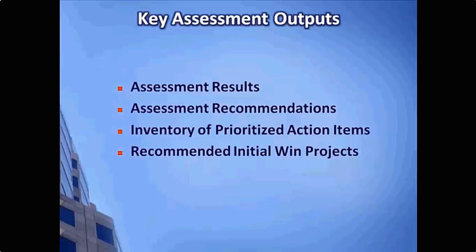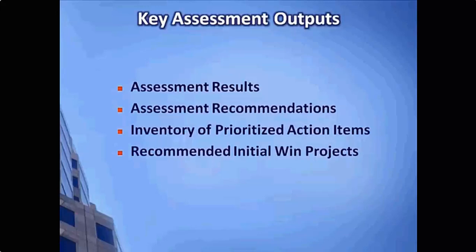Our recommended actions is an inventory of recommended actions to be taken to overcome those gaps that were identified during the assessment. Our inventory of prioritized action items is then basically our action item list, but now prioritized based on the outcomes of our program visioning work stage that we went through earlier in our learning modules.